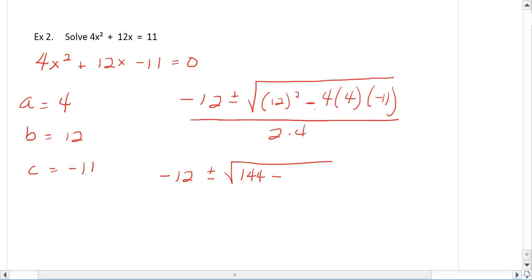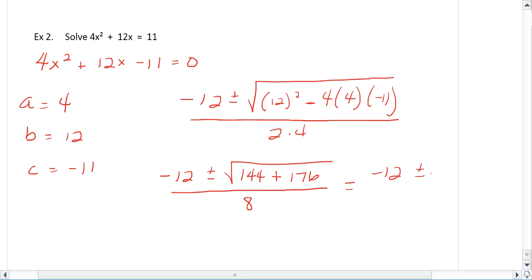This is just a negative 4. So if you multiply negative 4 times positive 4, you get negative 16. And negative 16 times negative 11, if I did my math right, I got a positive 176 all over 8. So we still have some more simplifying, obviously.